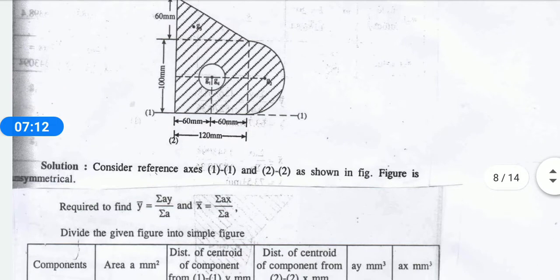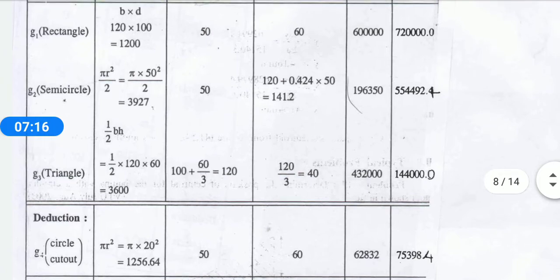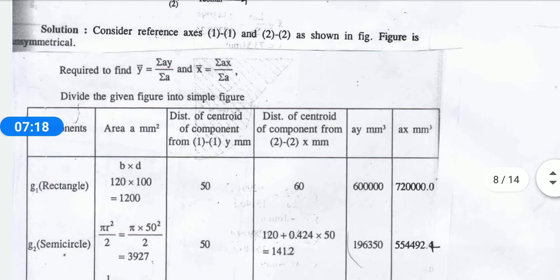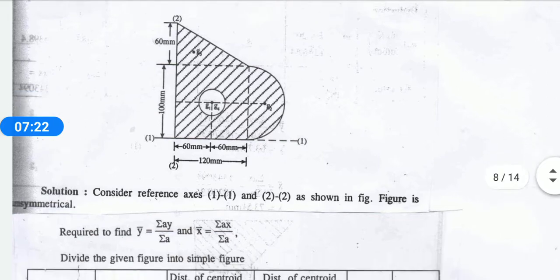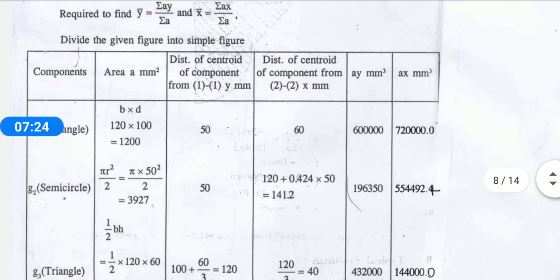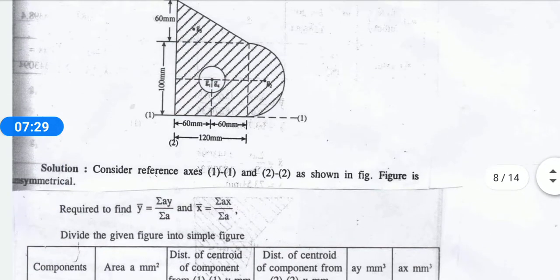One is your semicircle, one is your rectangle and the other one is your triangle. What you have to subtract from this? You need to subtract the circle from this. That is rectangle, semicircle, triangle and circle out.